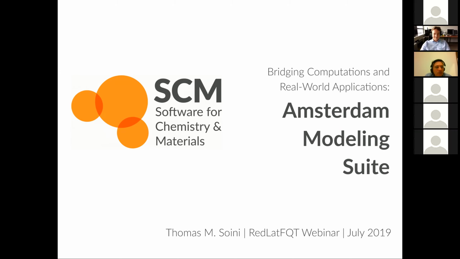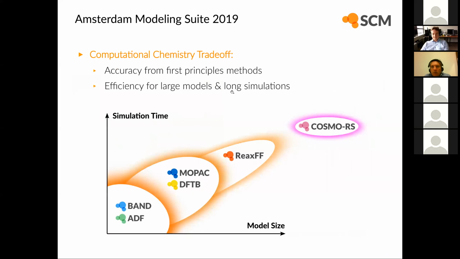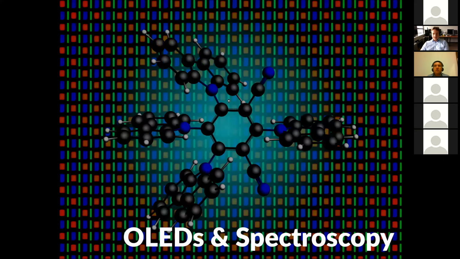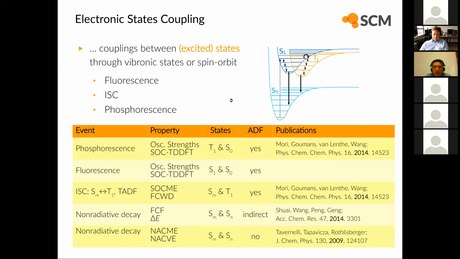Thank you very much. I was wondering about the way the ADF defines molecular fragments. At the beginning of your talk, you showed that you can use different molecular fragments to study fluorescence, for example, or to study charge transfer.